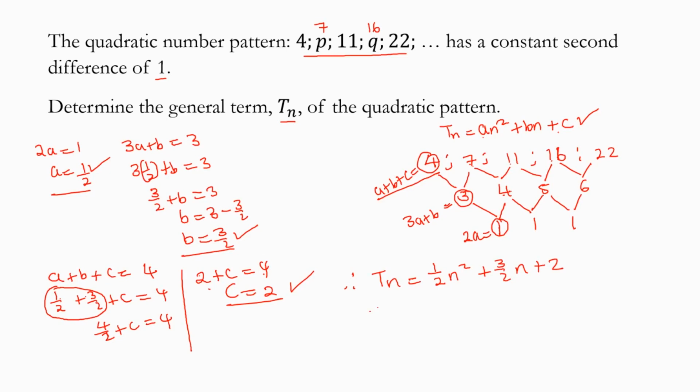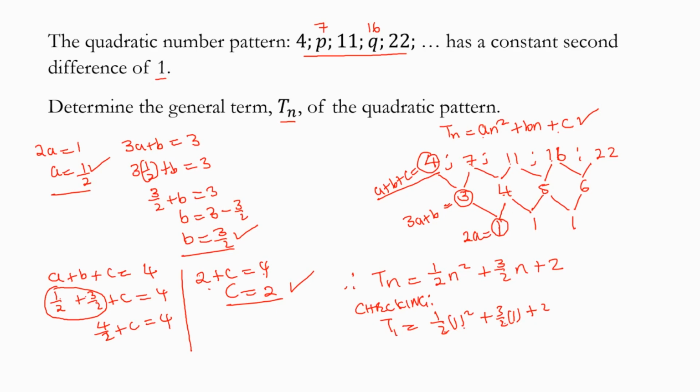Let's just use T1. T1 is equal to 1 over 2 times 1 squared plus 3 over 2 times 1 plus 2. Just put this in the calculator, you'll get 4. Because this is 1 over 2 plus 3 over 2, which is 4 over 2, which is 2. And then 2 plus 2 is 4.